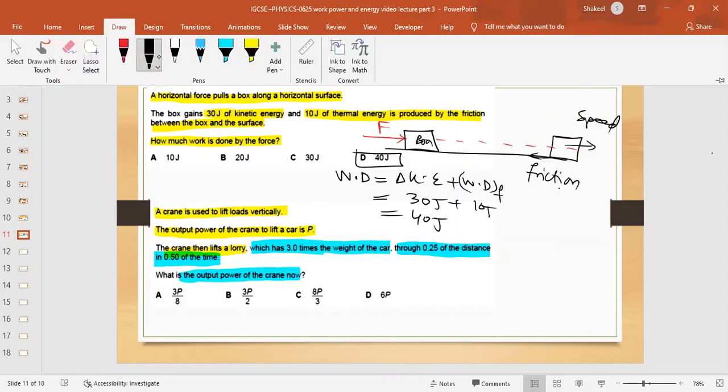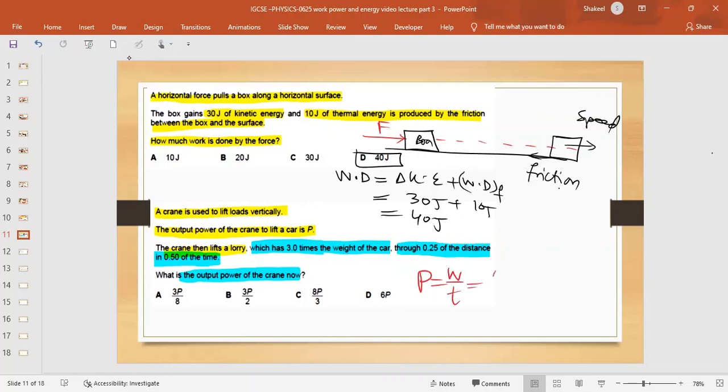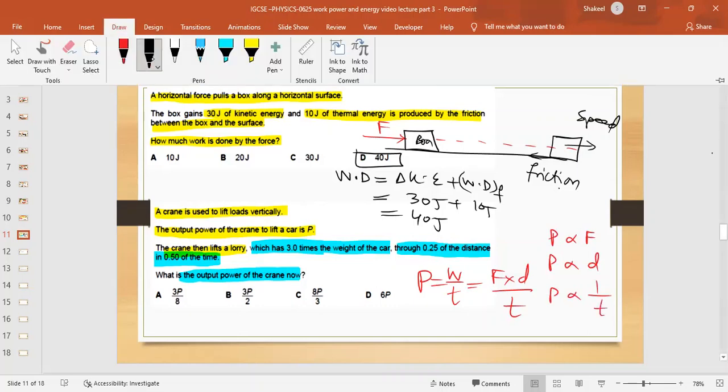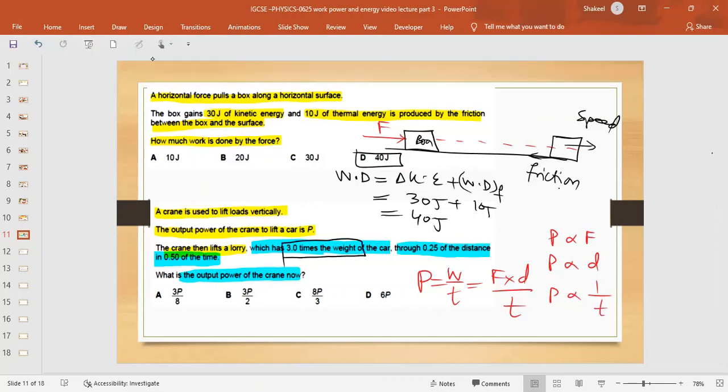Okay, you know that power is work over time, or force into distance over time. So three factors are there: power is proportional to force, power is proportional to distance, and power is inversely proportional to time. Let's see what has happened to the factors. The weight is 3 times more, so force is 3 times more, so 3 times more power will be required.